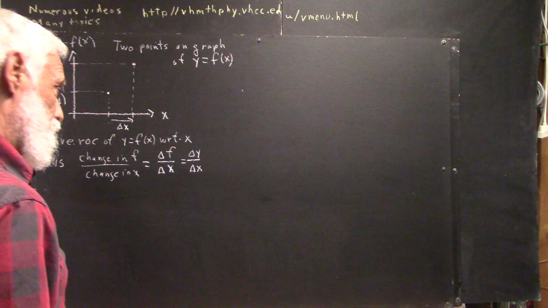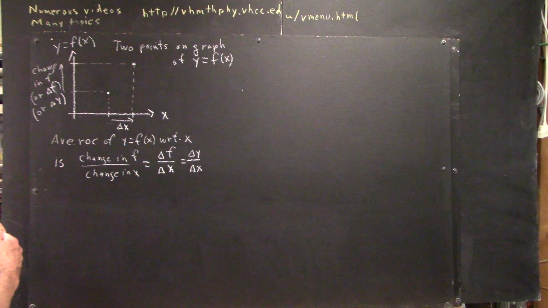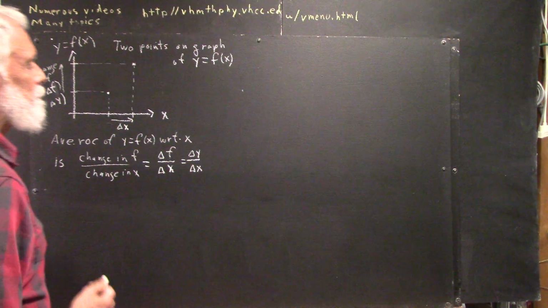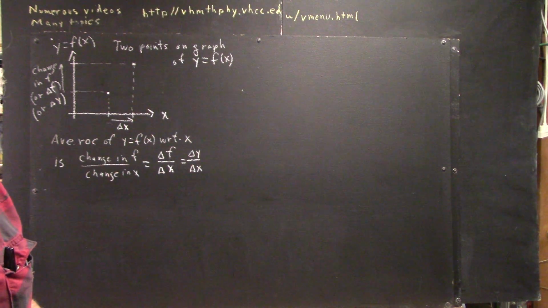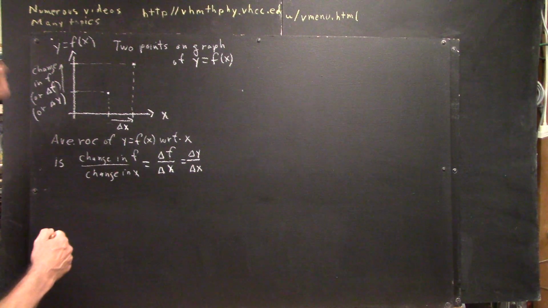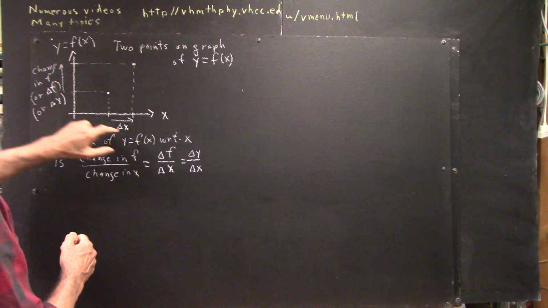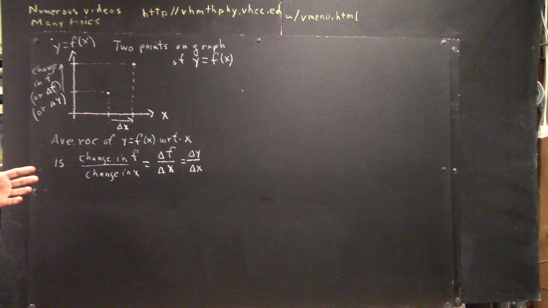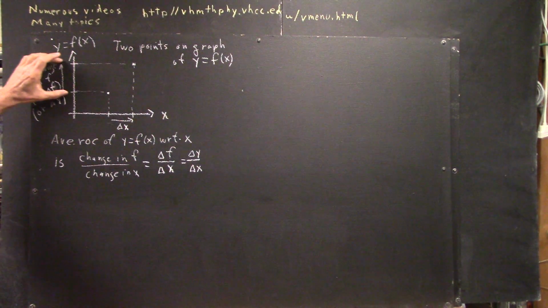Okay, well, let's see. I'm going to go to the delta y over delta x. I'm just going to give it away because there's no obvious way to do otherwise. At least I can't think of one right now. Okay, well, here's the change in f, here's the change in x. And let's motivate this a little. What if the rate of change was less? For the same delta x, I'd have less change in f.